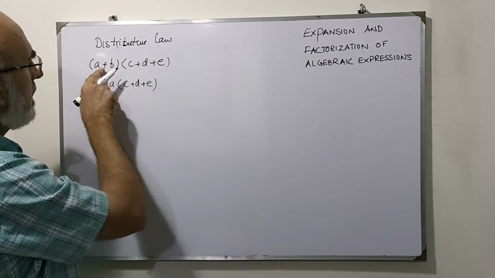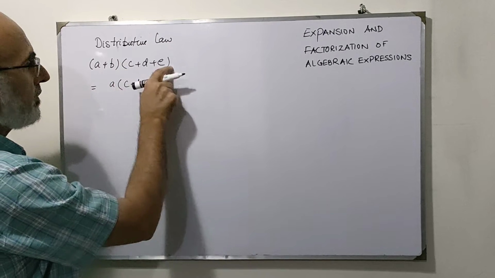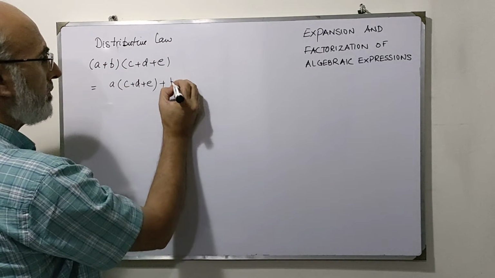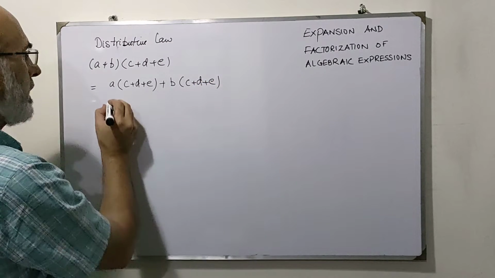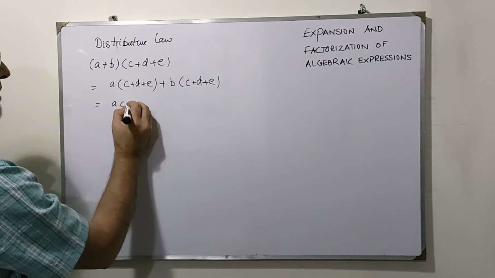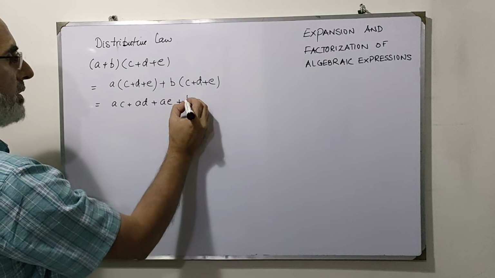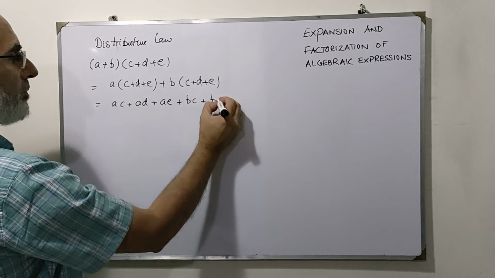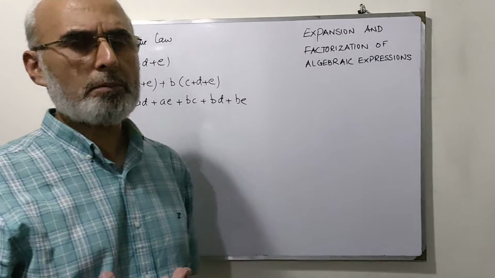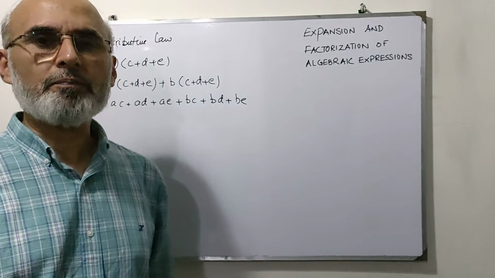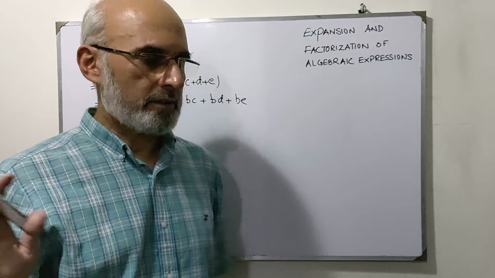And then since we have a plus over here, plus B into this term, so B into (C plus D plus E). So what do we have? AC plus AD plus AE plus BC plus BD plus BE. So pretty simple. It's just a multiplication, and we have to take care of the sign and the proper variables, and that's it.